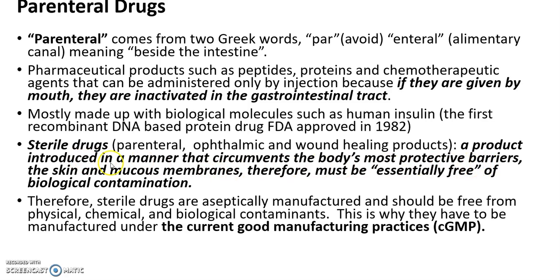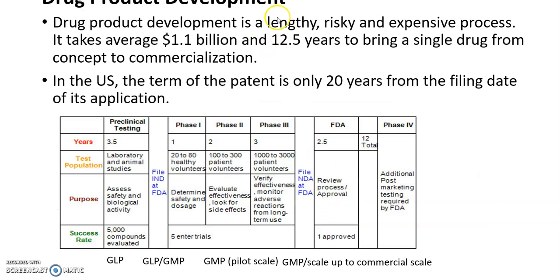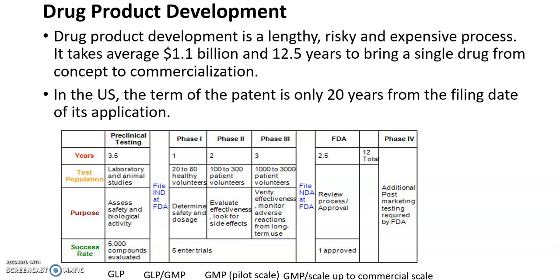Since you're bypassing those, your drug should be really clean and safe. So they should be sterile, free of contaminants. That's why when these drugs are manufactured, they should be manufactured aseptically. That's part of the CGMP requirement. So understand that.